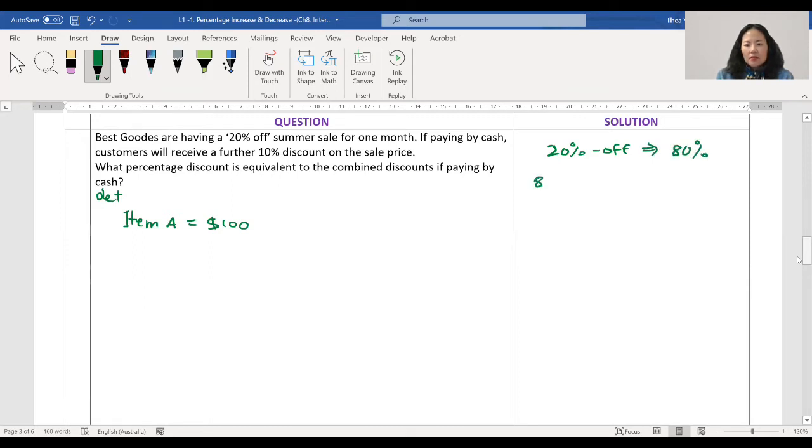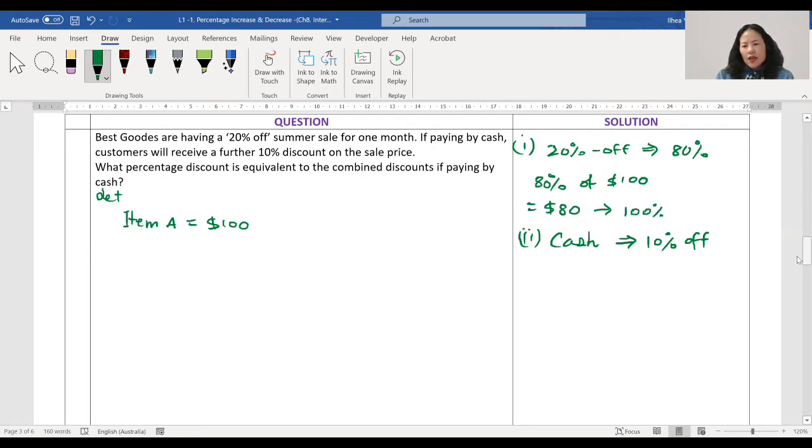So 80% of $100. You know why I picked $100? It's easier because it's 80 bucks. And then we decide to pay cash. Cash means a further 10% off. So this $80 becomes your 100% now.